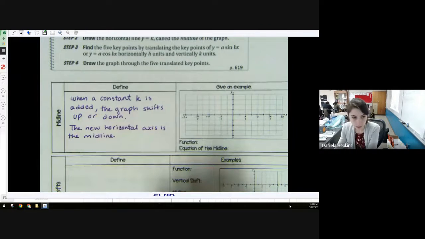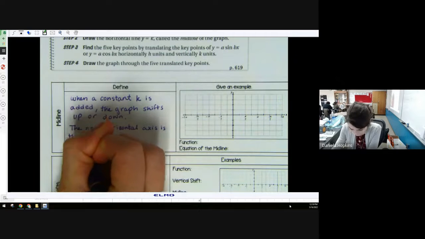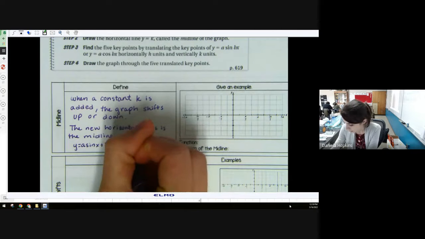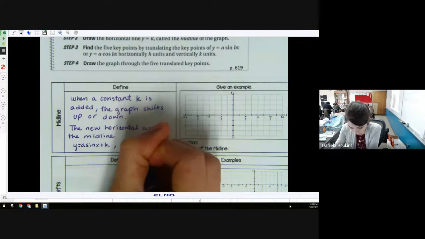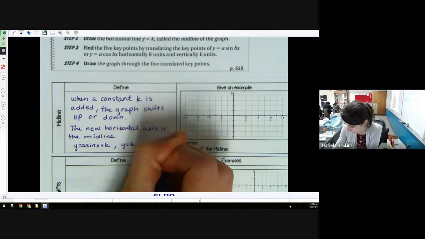So if you were given the function y equals a times sine of x plus k, y equals k is your midline.